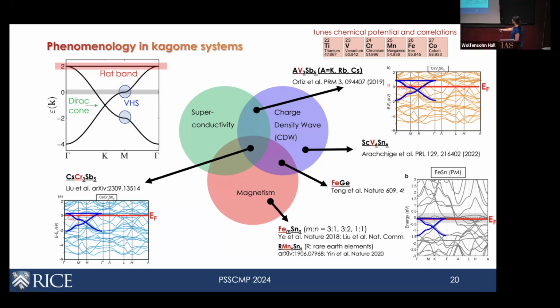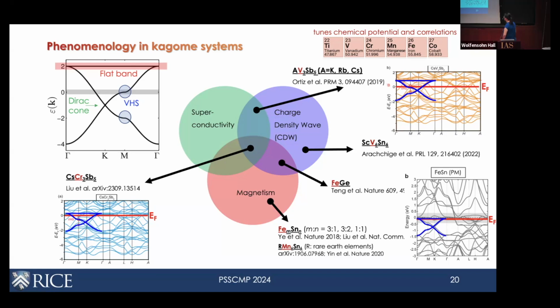And then I just want to highlight this last member, which was discovered last year. This is the chromium-based Kagome lattice. Here chromium is in between, and you can see that the flat bands are actually closer to the Fermi level. This is perhaps the most interesting one, because in this compound and in this phase diagram, people have found superconductivity, charge density wave, and also magnetism.